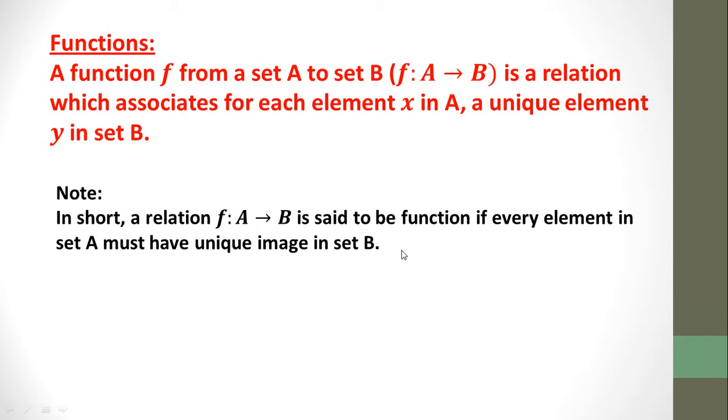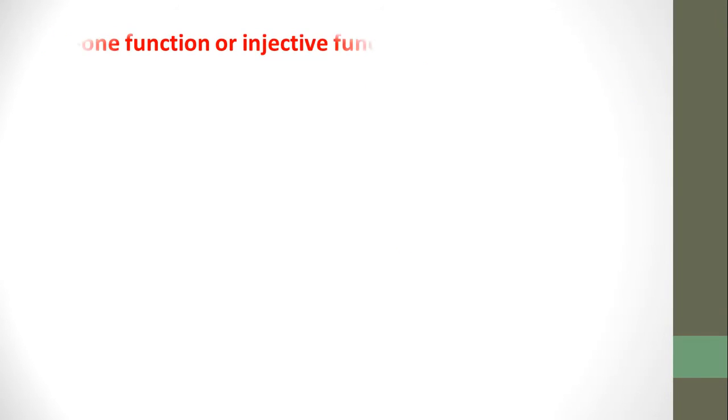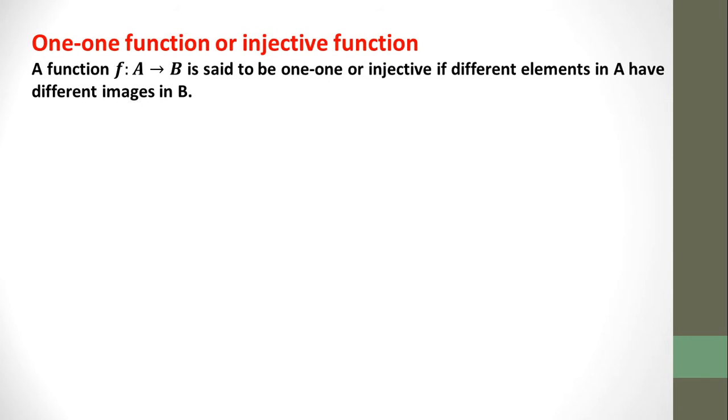Now we will discuss the types of function, in which a very important type is the 1-1 function, also called the injective function. Now see the definition of 1-1 function.